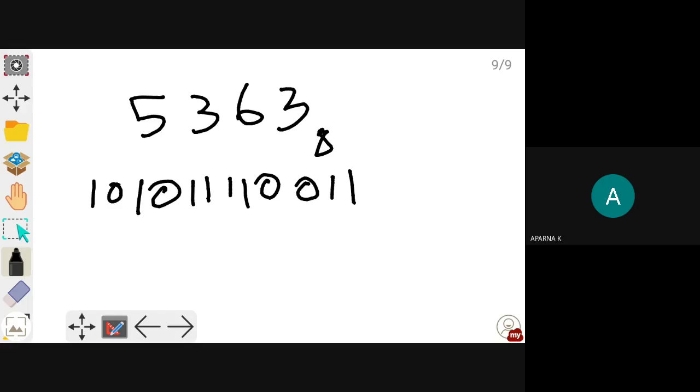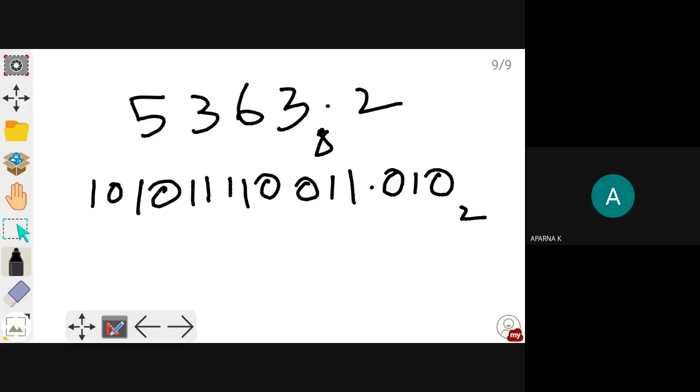So this is the equivalent binary value. If you have a dot here also, 2 will be 010.